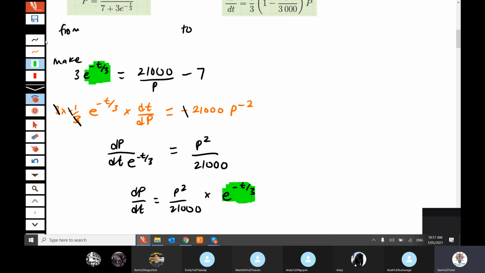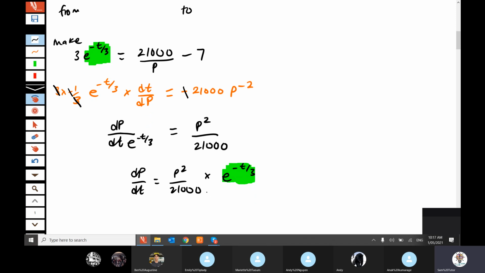All right. So it's going to be looking like this. Equals p squared on 21,000 times 21,000 on 3p minus 7 on 3.